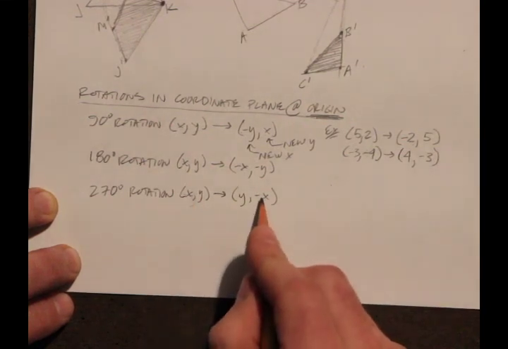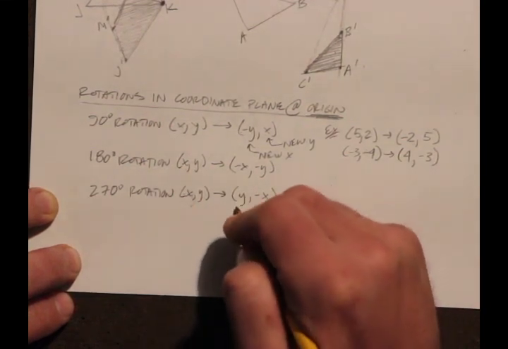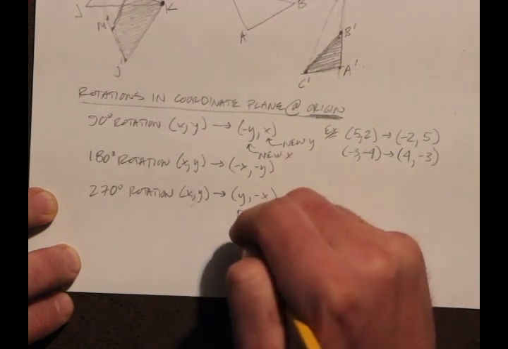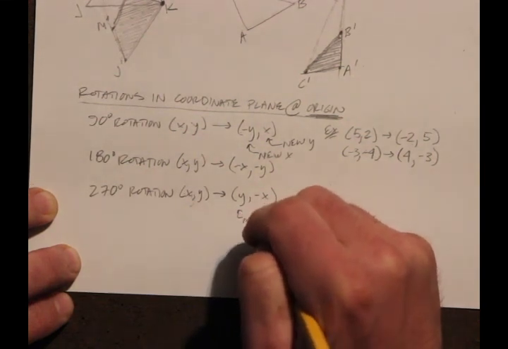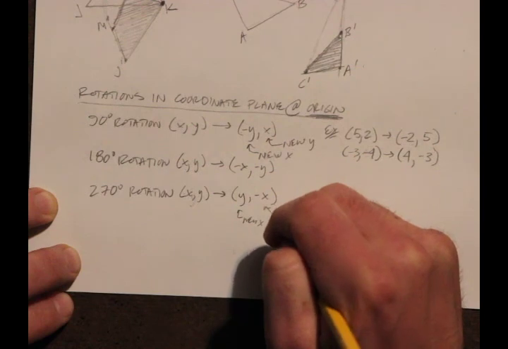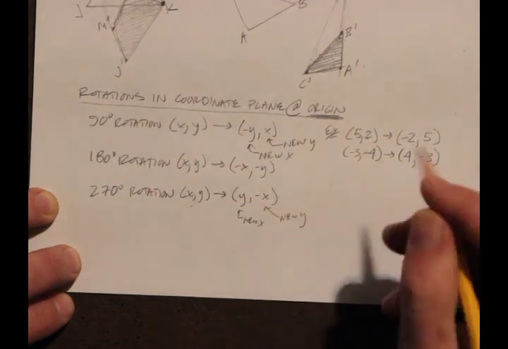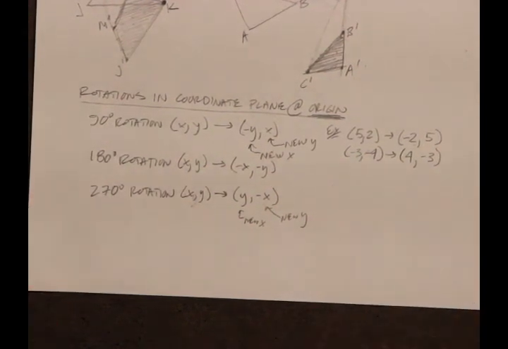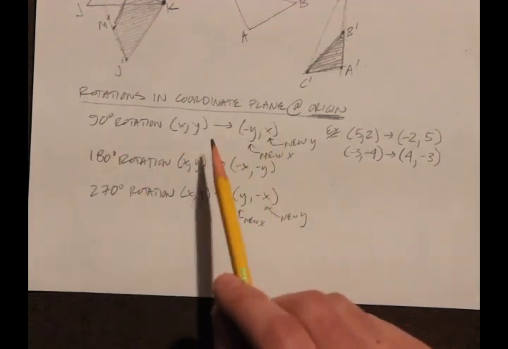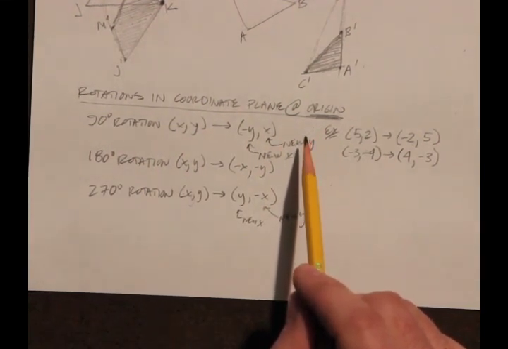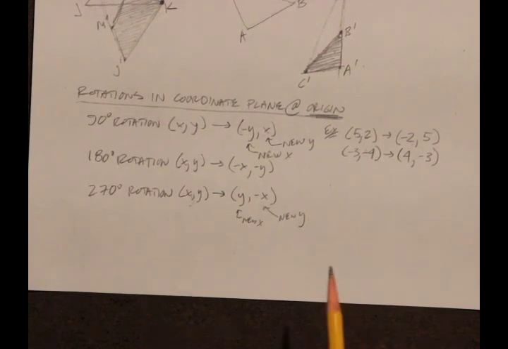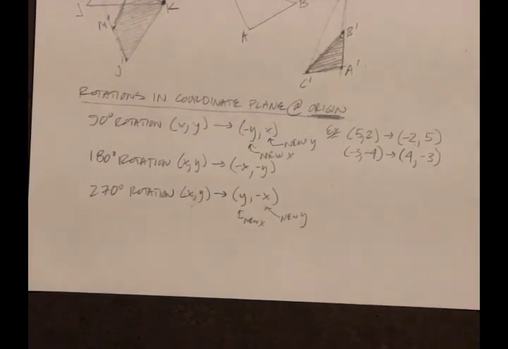If this was negative, it would become positive. This would be my new x value, and this would be my new y value. So that's if you are making a rotation across the origin. So there you go. If I was too fast, pause and write it.